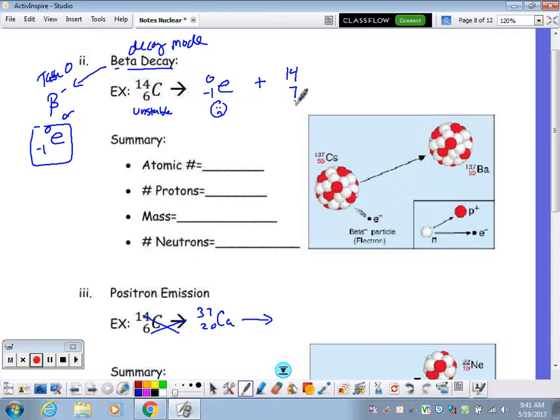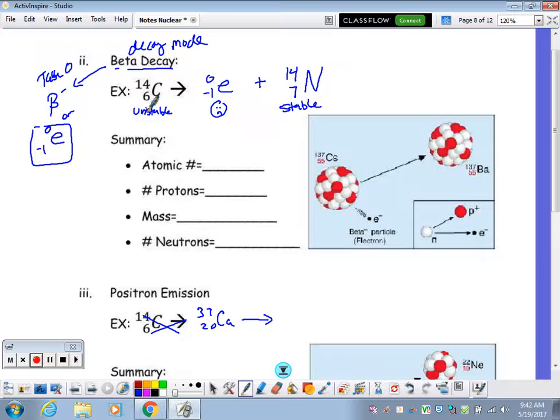The new structure has a different atomic number than the original. Therefore, it's a different symbol. If you go look on your periodic table, the new symbol is N. So this is a stable nucleus. Different number of protons, new identity. Every beta decay process will follow a similar trend to the one up above.